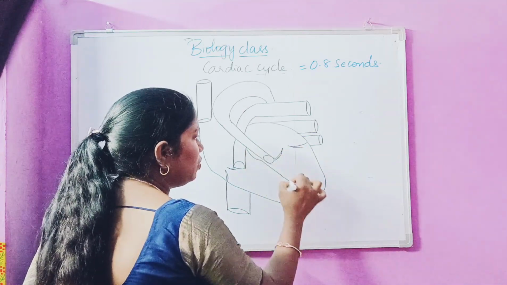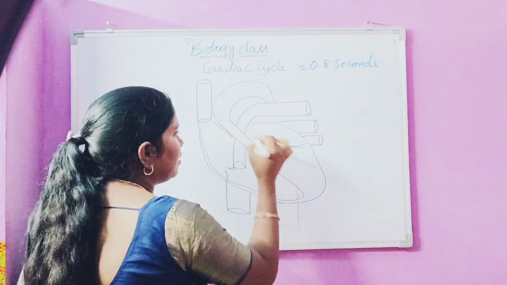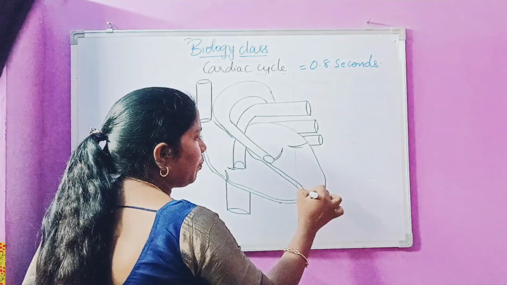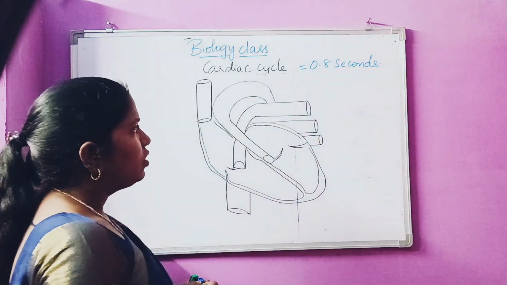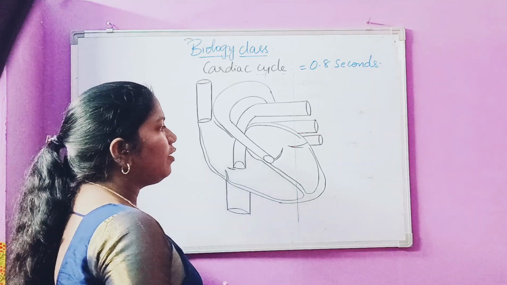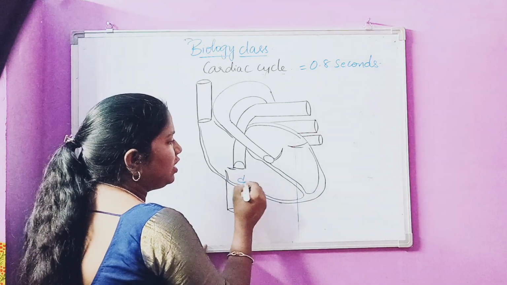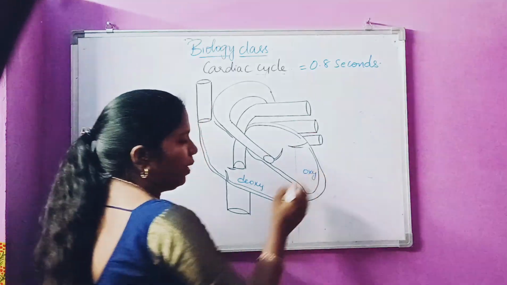In between these, there is the septum. The septum separates the oxygenated and deoxygenated blood. Is it clear? Look here. The right side of the heart has deoxygenated blood, whereas the left side has oxygenated blood.